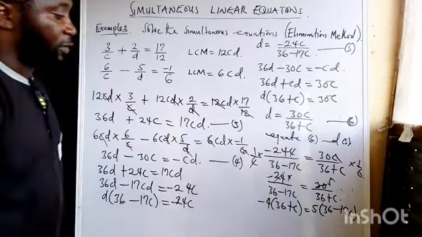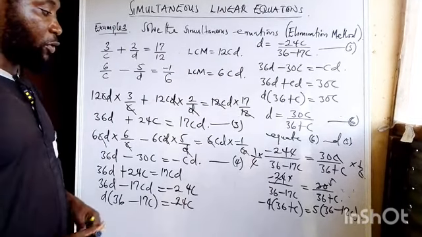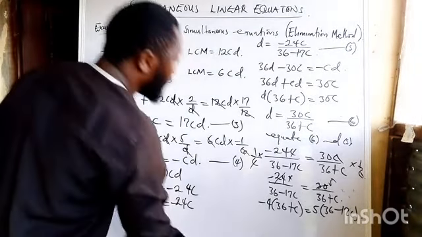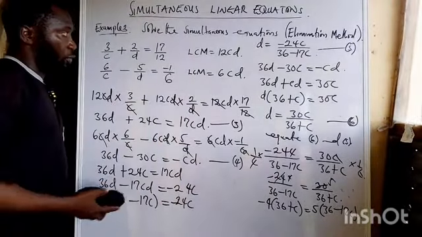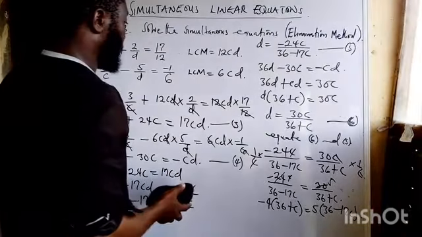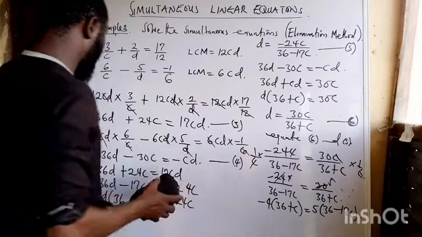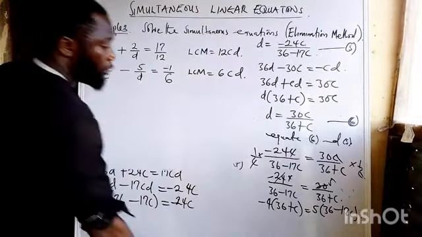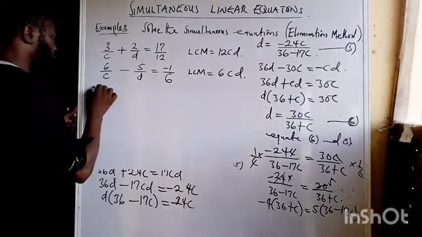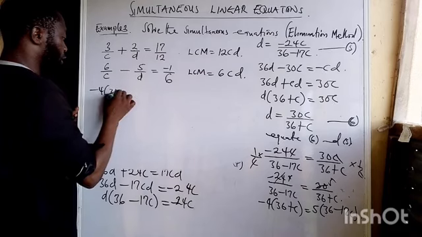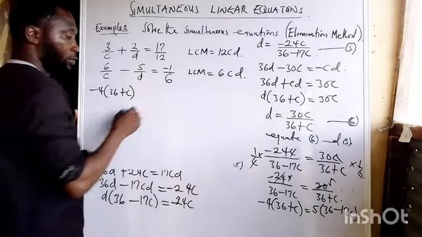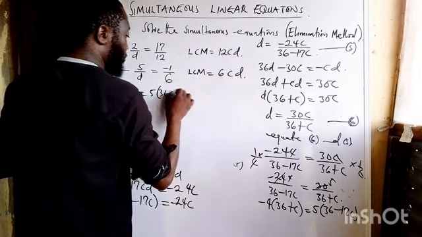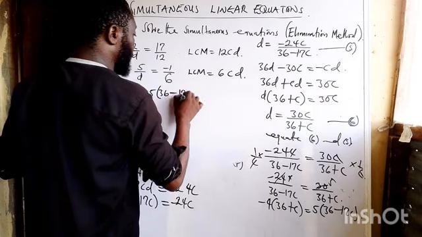So we can just open the bracket and collect the like terms. Now let's do that together. So we have negative 4 times 36 plus C equals 5 multiplied by 36 minus 17C.